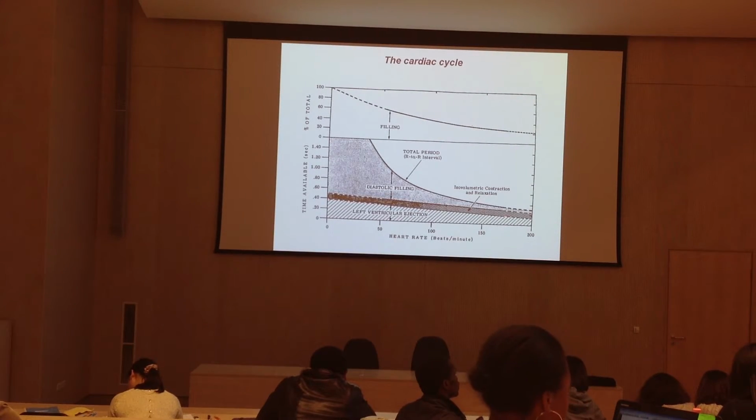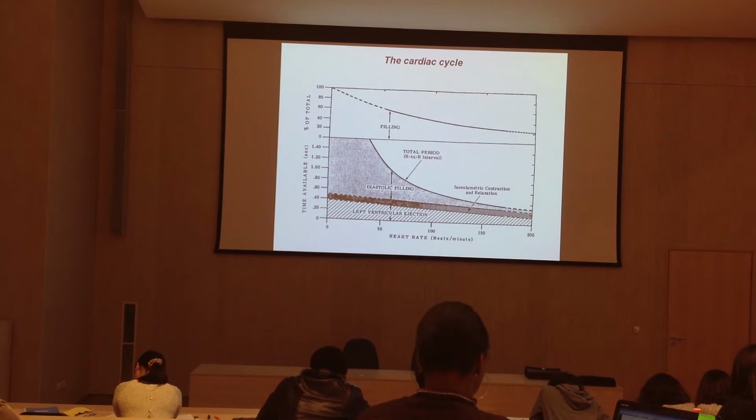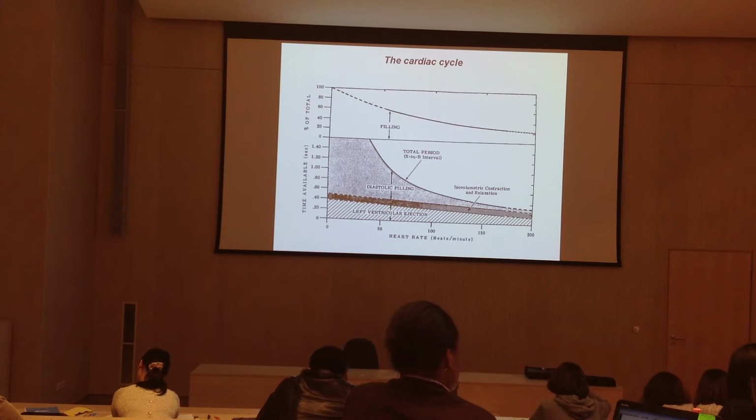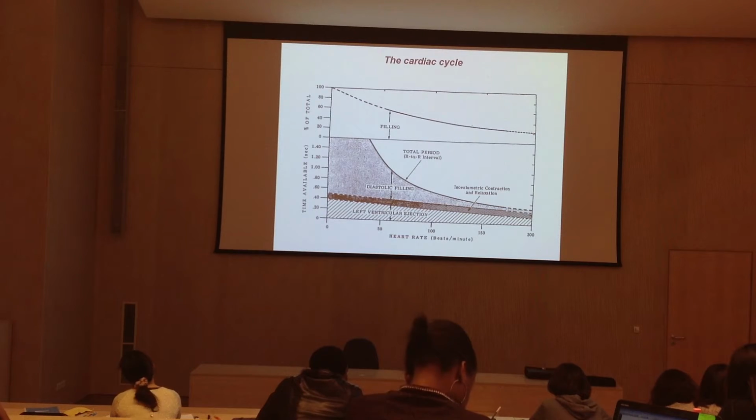Therefore, if the heart rate is increased by adrenergic stimulation, the heart rate and the cardiac output will be linearly related. But when the contractile force cannot change, the cardiac output will not be larger.